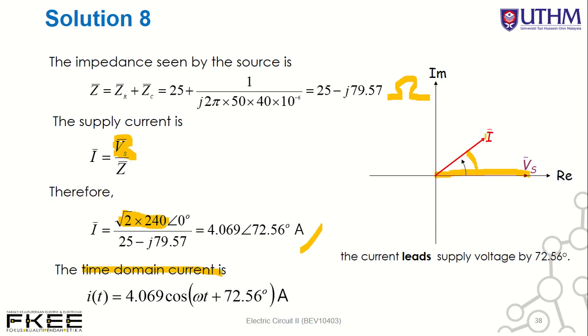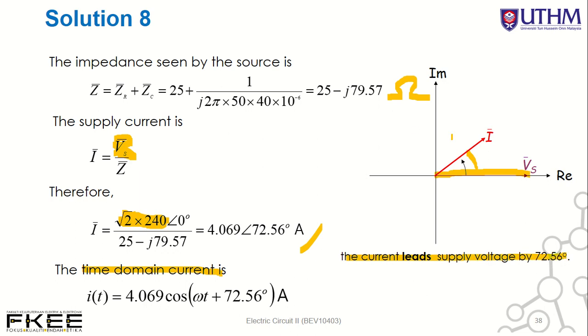So the angle of current is referred to the angle of Vs. In this case, what we can conclude is I leads voltage Vs by 72.56 degrees. This current leads supply voltage by 72.56 degrees.